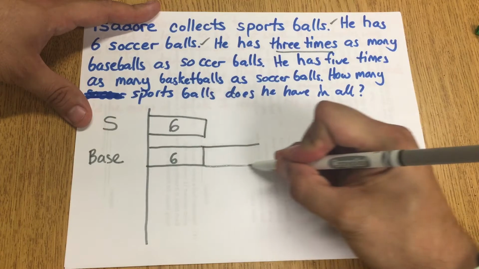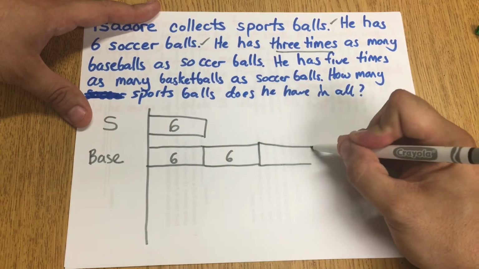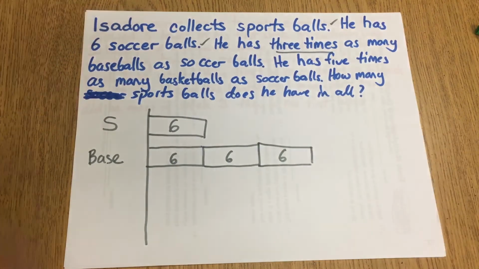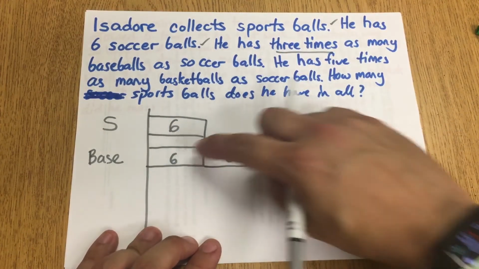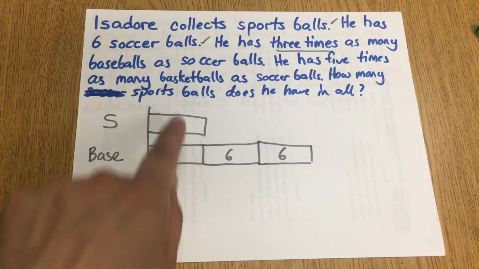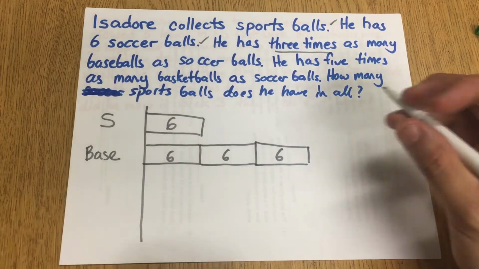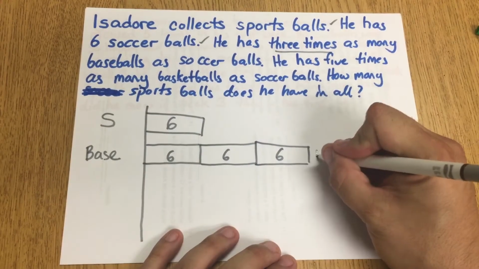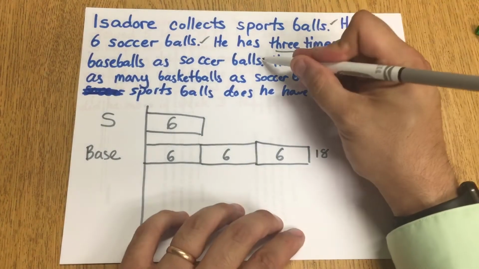Let me draw 3 more boxes here. 6, 6, and 6. Now, you could just look at that and say that's 18 and draw one big box and label that 18, but we really want to break it down and recognize that it's 3 times as much as our 6 here. And if you want to point out that that's 18, you can just label that 18 off to the right. All right, so we're good with this sentence.